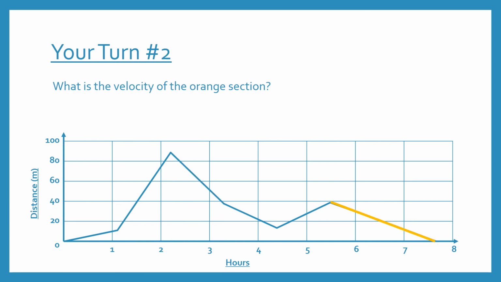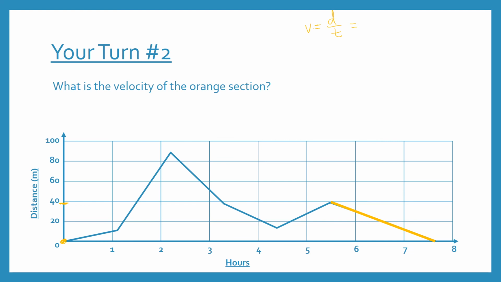Here's another opportunity to work out what the velocity is of the orange section. Okay, so once again, our formula, velocity is distance over time. We're going to find our distance and we're going to find our time. So distance, we begin here at about 35, maybe just after it, but we'll say 35 because that's easy. And then it goes down to 0.